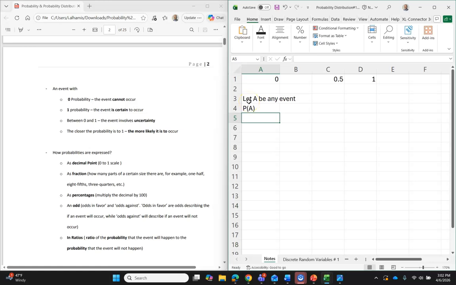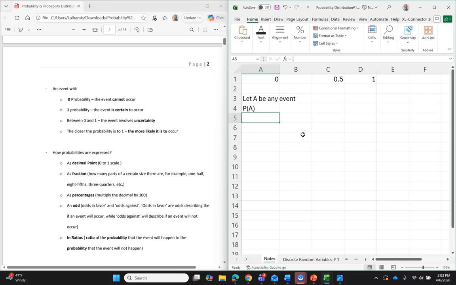So an event with 0 probability means that that event will never occur. There is 0 chance of that event to occur. Also, an event with 1 probability, 100% probability, means that that event will certainly occur. It will definitely occur.